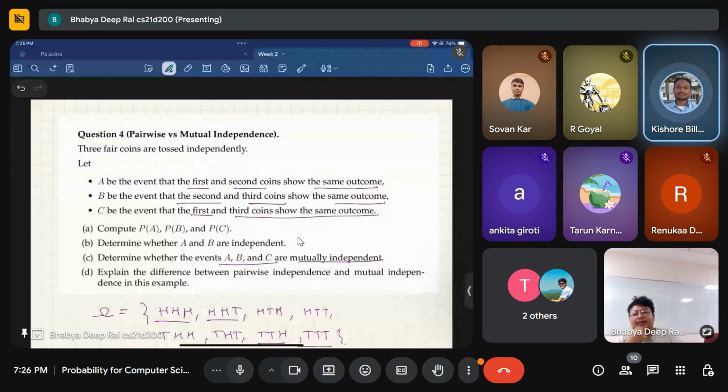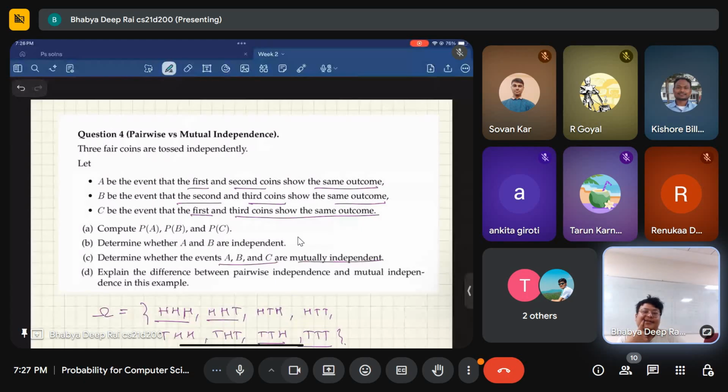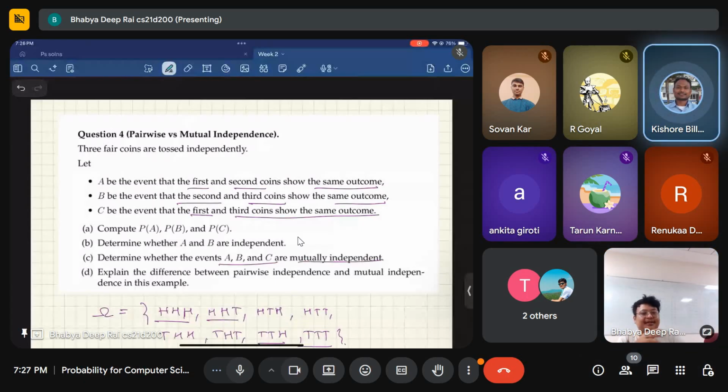Because in the sample space, few of them are matching.